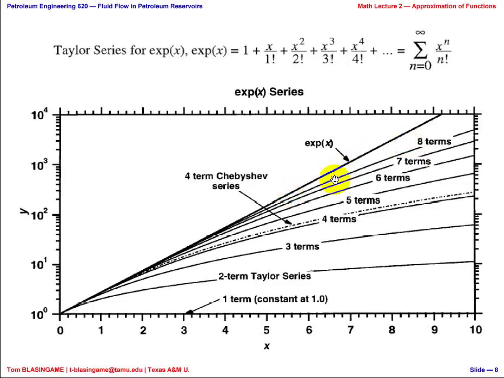We're really expending a lot of terms out here, and they're only accurate out to maybe x equals 3 or 4. And you can see, okay, so I made the y-axis semi-logarithmic, so it would be linear in terms of this term curve, so we could see it a little better. But getting actually to match, that's going to be a pretty big challenge. You're going to have to use a lot of terms.